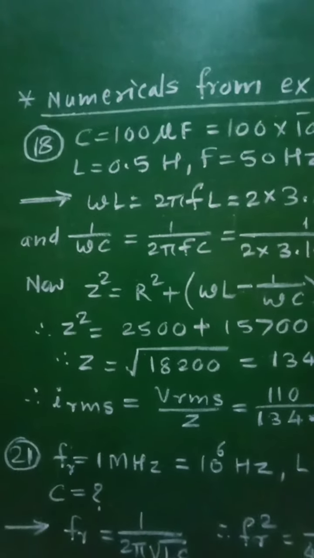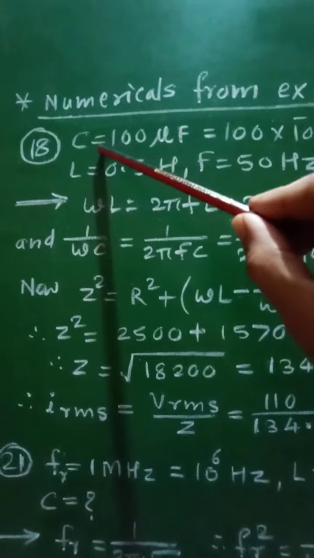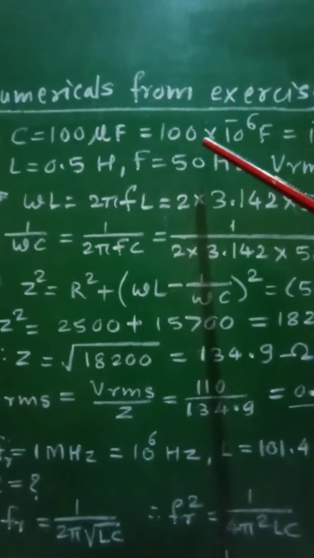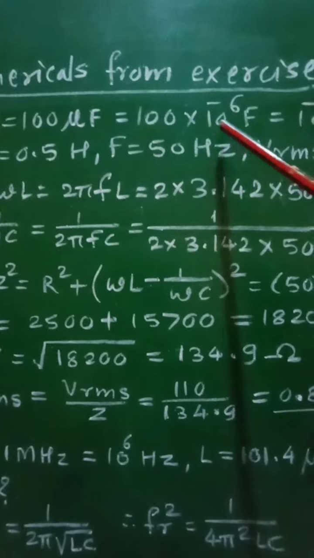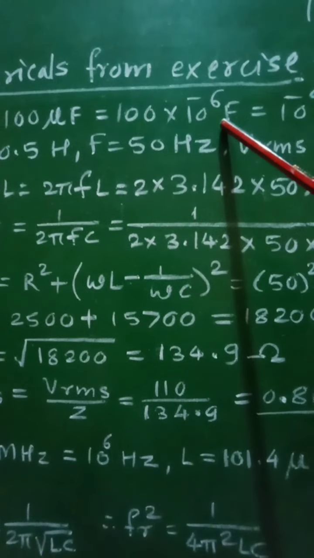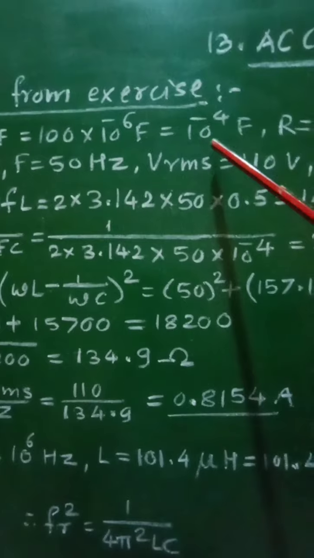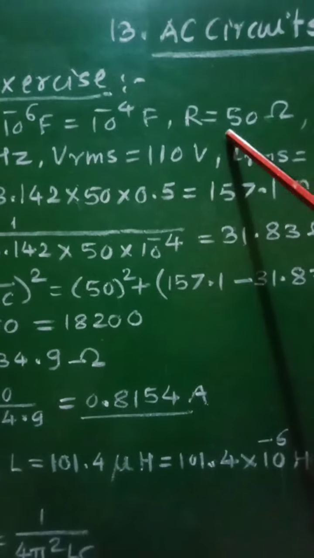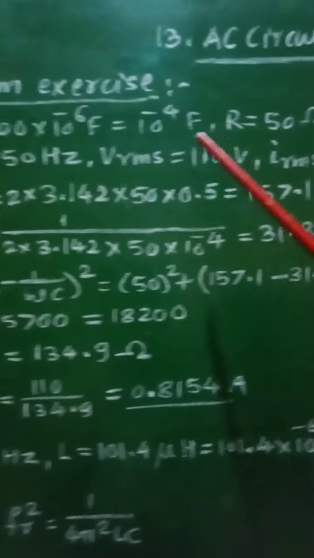So for this numerical, given data is capacitance C is equal to 100 microfarad, that will be equal to 100 into 10 raised to minus 6 farad, which comes out to be 10 raised to minus 4 farad. Resistance R is equal to 50 ohm.